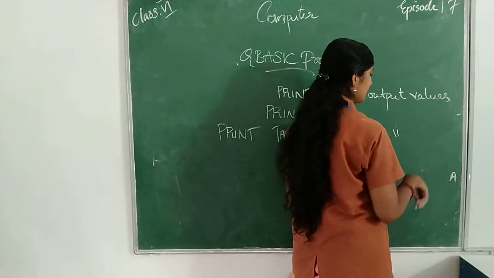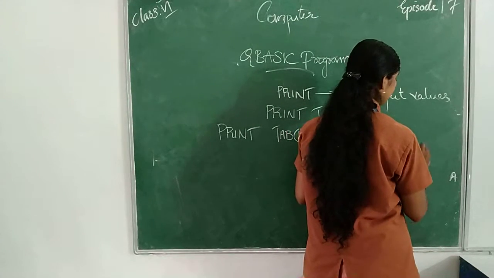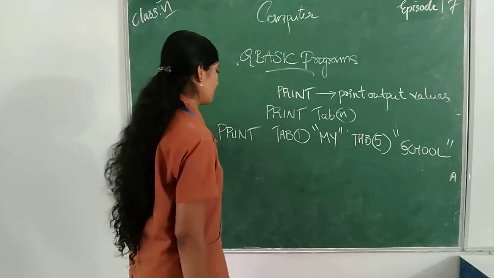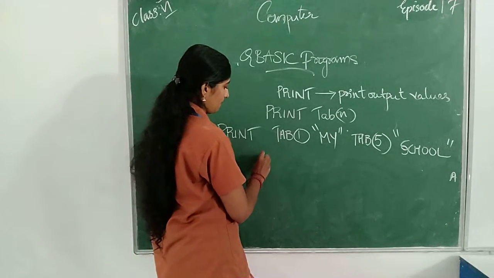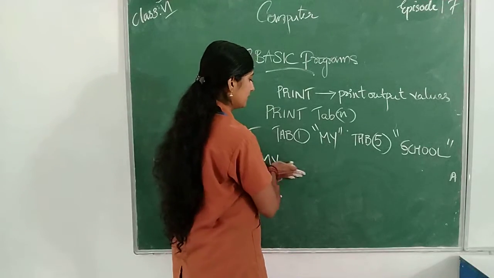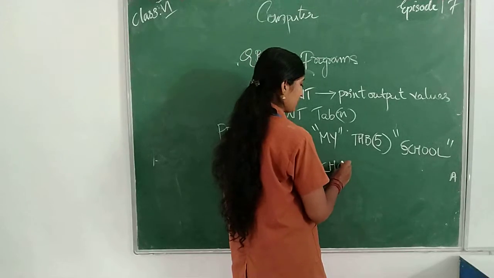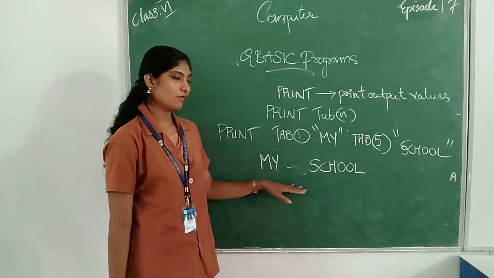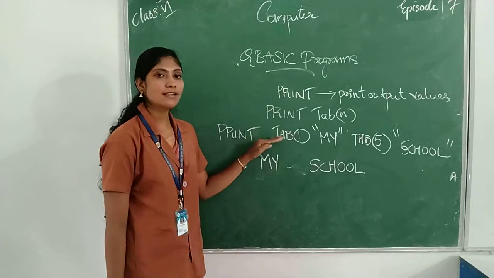Then inverted comma, school. So first my, then adding a tab, then after that print school. So between each of these words we can add a tab, that is print tab.